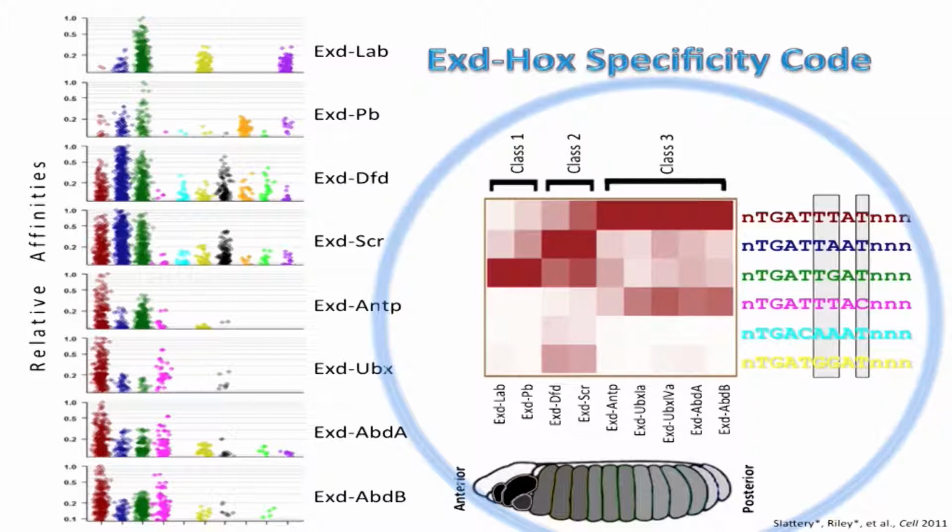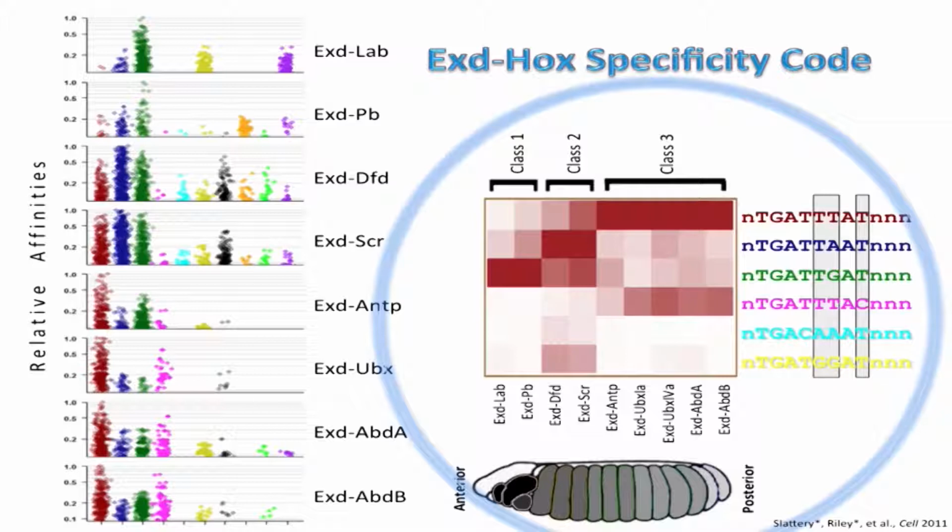The interesting thing is that this clustering of the specificity of these Hox proteins is collinear with their expression along the anterior to posterior axis of the developing fly embryo. So that was an interesting finding. Which has also been known before, it's also collinear to their placement on the same chromosome.